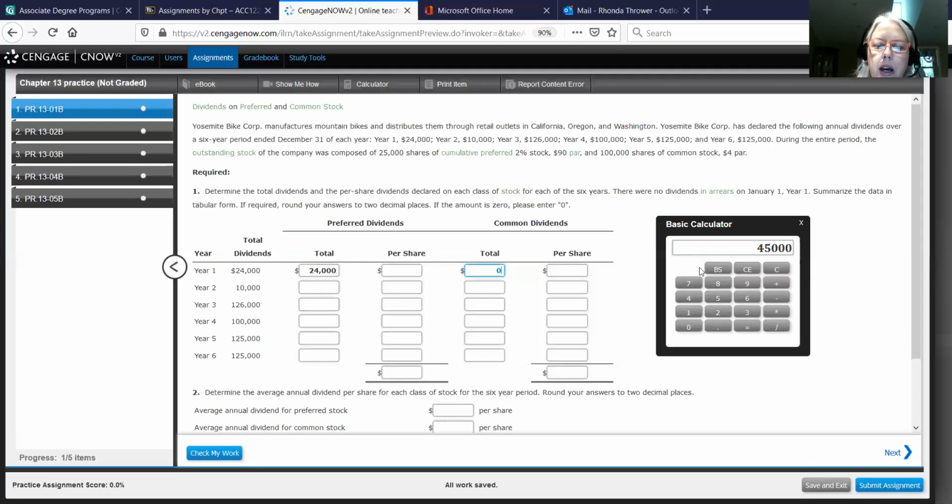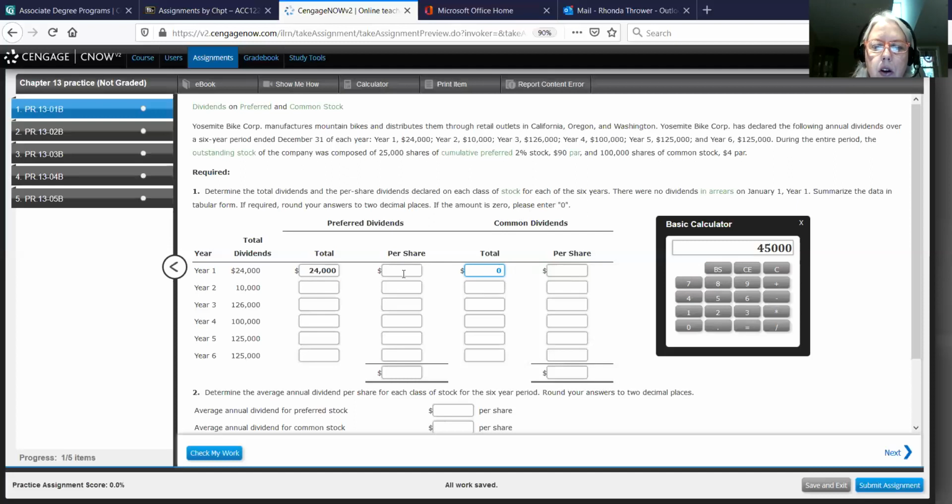Remember, we have to enter a zero if the amount is zero, as it is in this case. We cannot pay our common stockholders any dividends until we have paid the total amount that we owe to our preferred stockholders first.